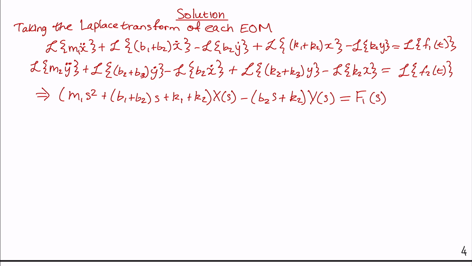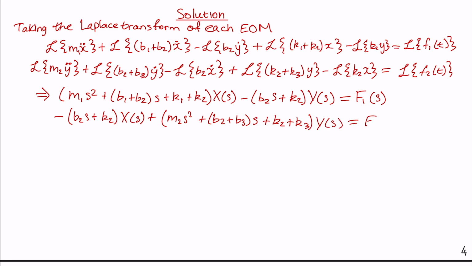Then the second equation is going to be minus B2 s plus K2, all of that multiplied by big X of s, plus the quantity M2 times s squared plus B2 plus B3 times s plus K2 plus K3, that times big Y of s is equal to big F2 of s.